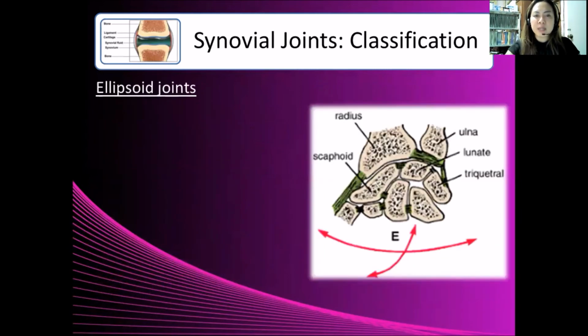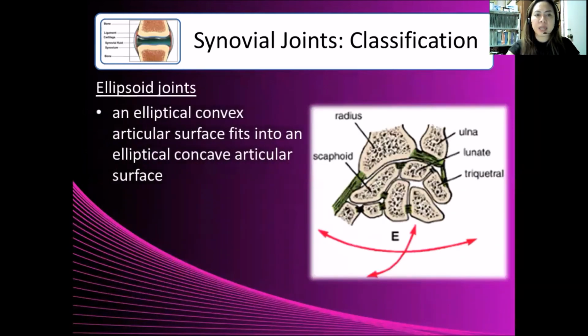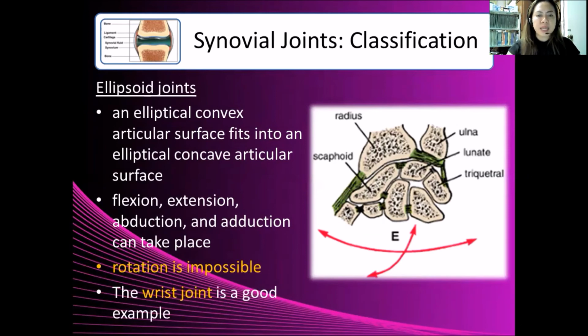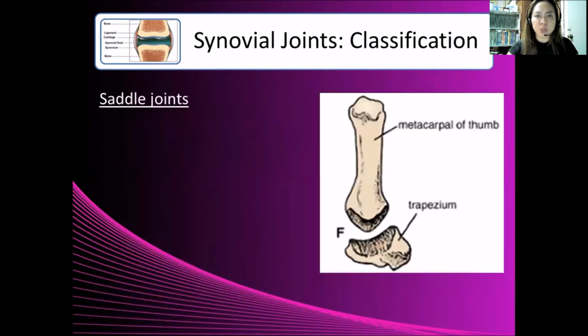Another one is the ellipsoid joint. Okay, an elliptical convex articular surface fits into an elliptical concave articular surface. Flexion, extension, abduction, adduction can take place in your ellipsoid joints. Rotation here is impossible. The best example is the wrist joint. Wrist joint, ellipsoid joint. Okay, still a synovial joint.